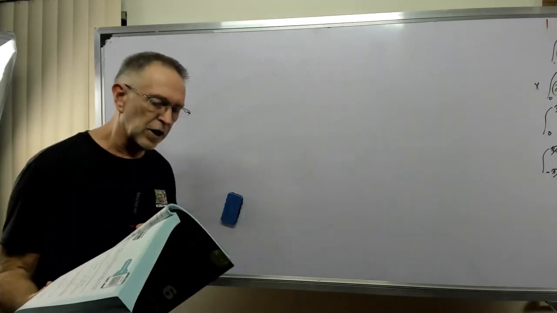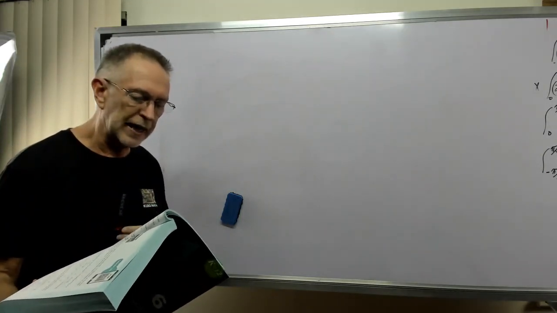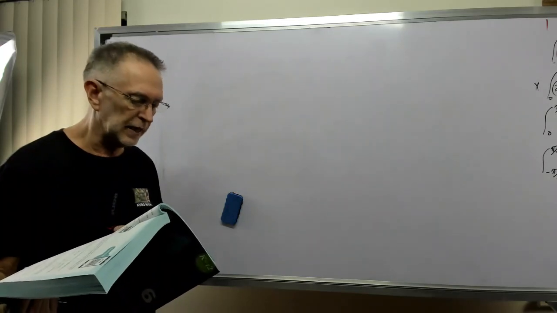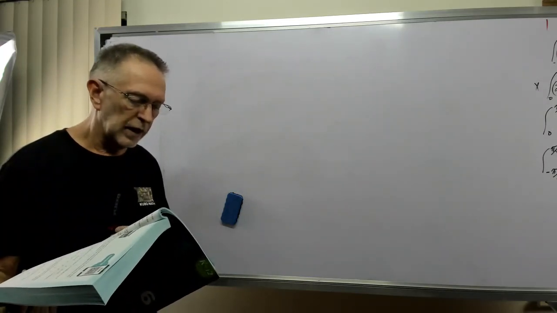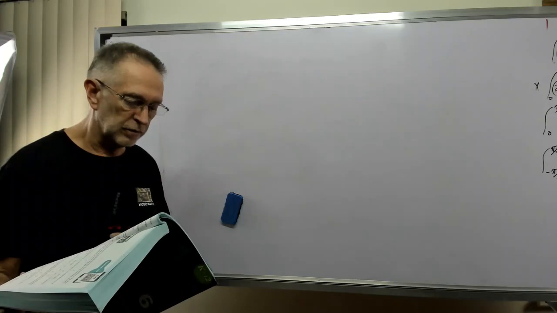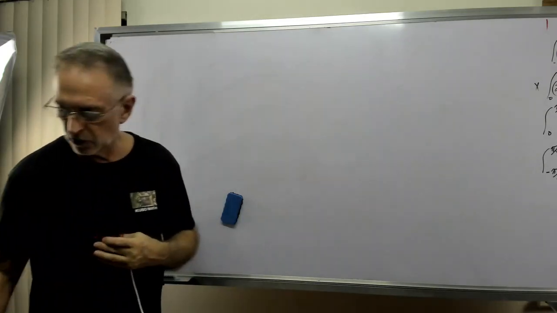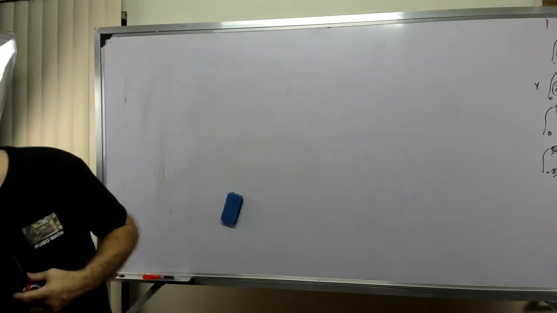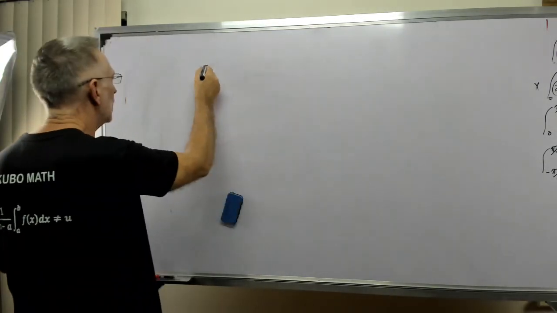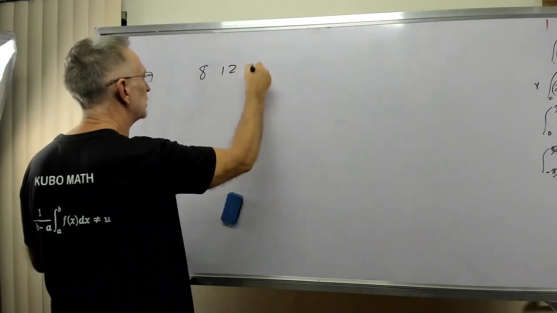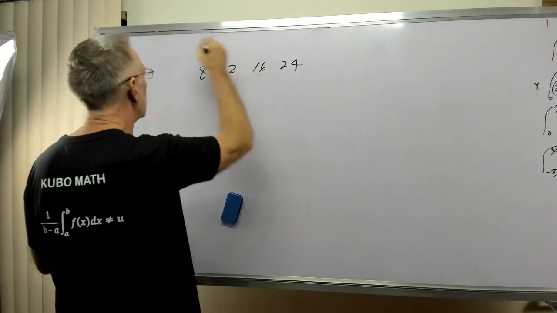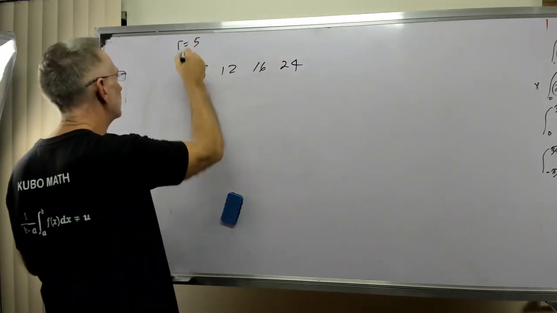Find the least number that when divided by 8, 12, 16, and 24 has the same remainder, which was 5 in each case. 8, 12, 16, 24, and remainder was 5.